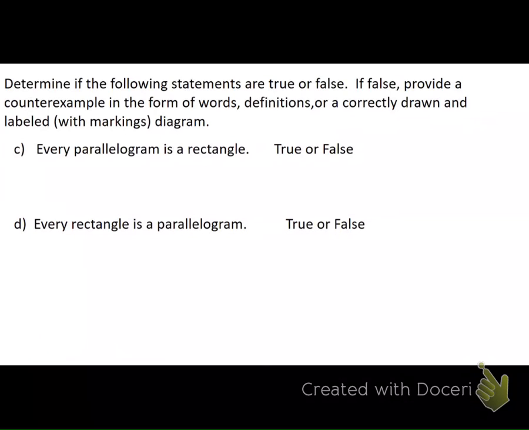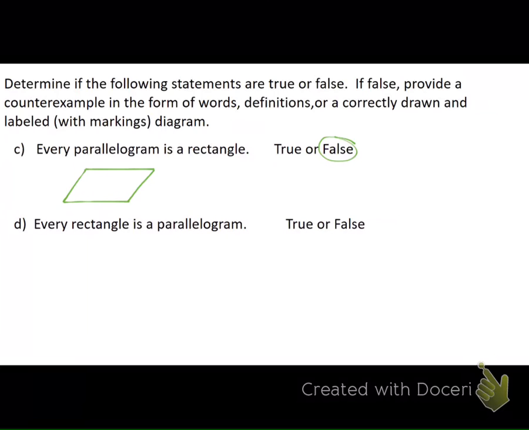Determine if the following statements are true or false. If it is a counterexample and you're using a picture, you must label it correctly. Every parallelogram is a rectangle. Is that true or false? False. If I draw this as a counterexample and label it, this is not a rectangle because all angles are not 90 degrees.